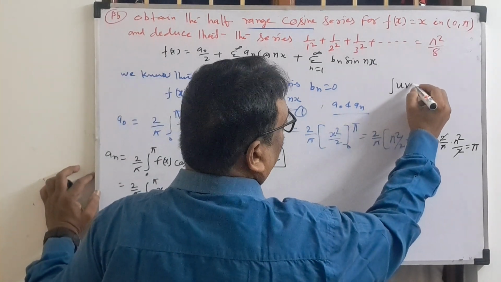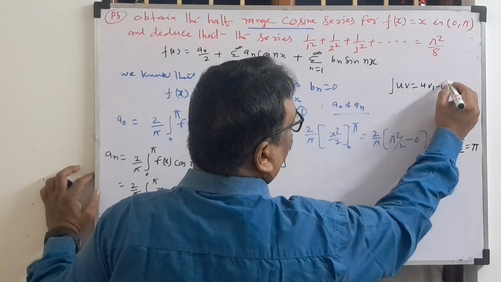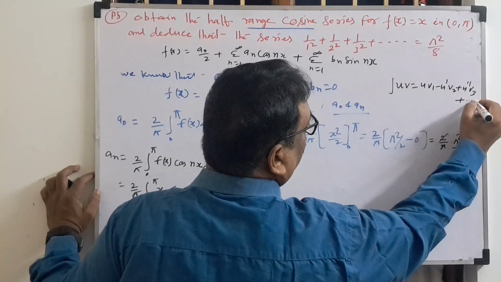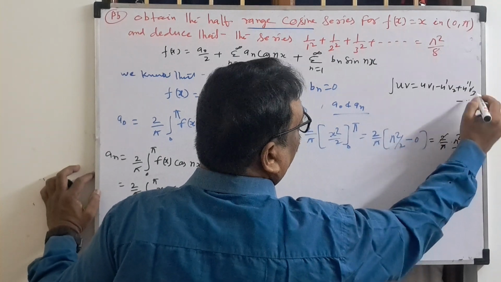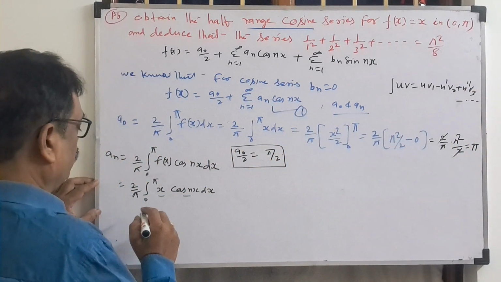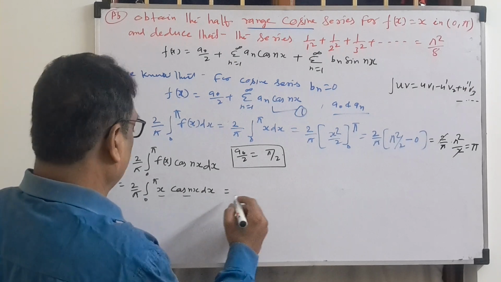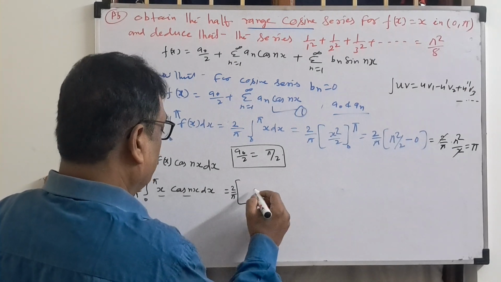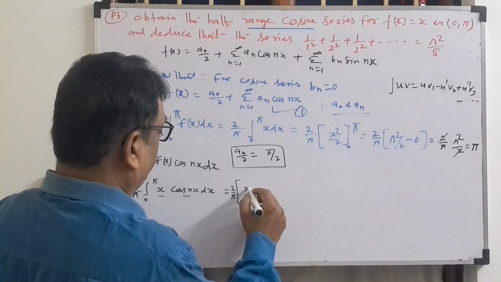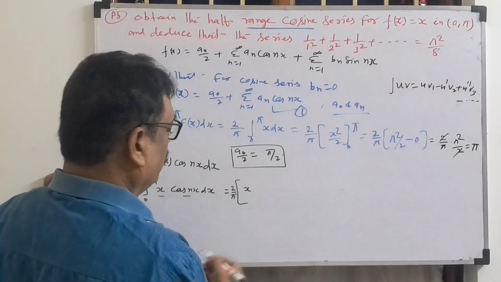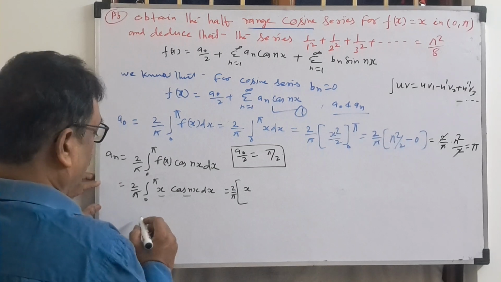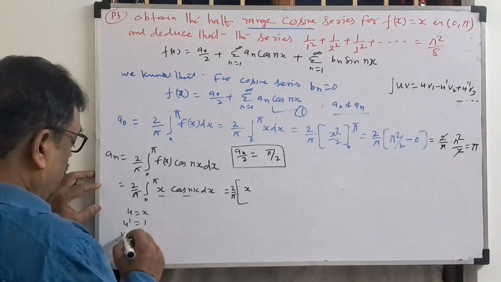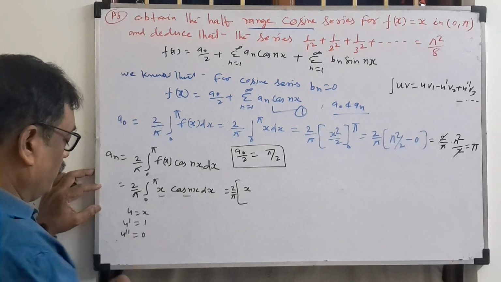So you know the u and v integration. Before also I wrote: u v1 minus u dash v2 plus u double dash v3 minus and so on. So first we write the function u. Here u is equal to x, u dash equal to 1, u double dash equal to 0.